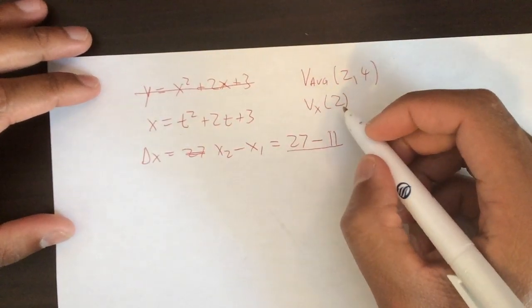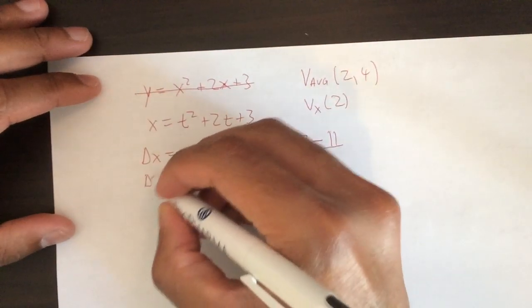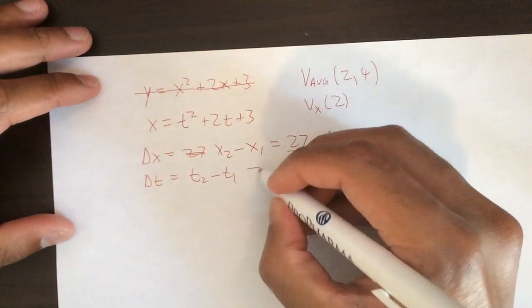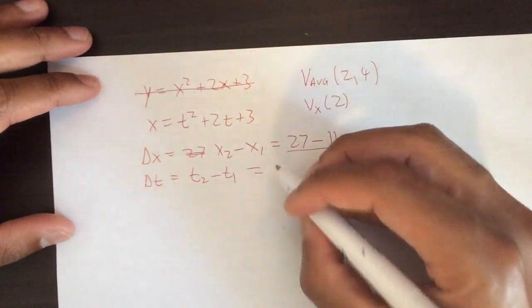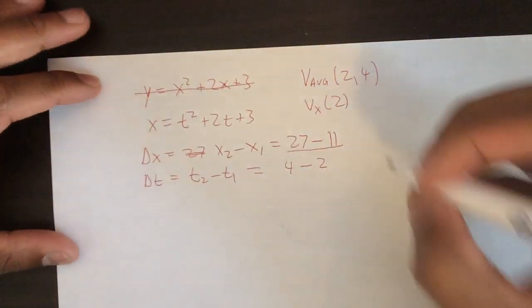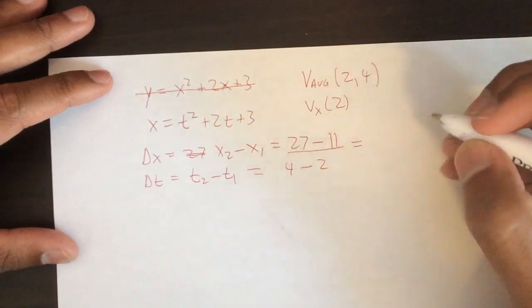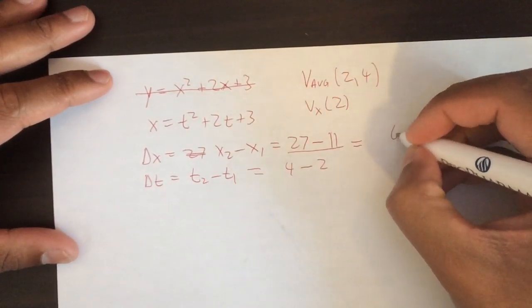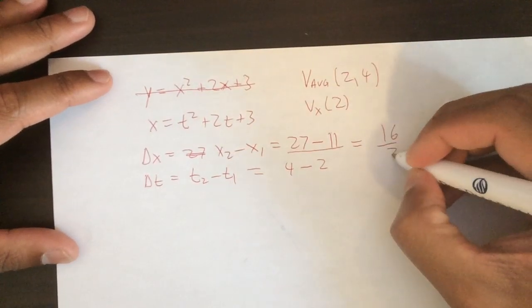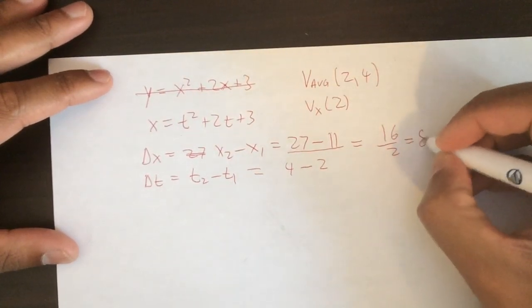And delta t is equal to t2 minus t1. That equals 4 minus 2, which is 2.